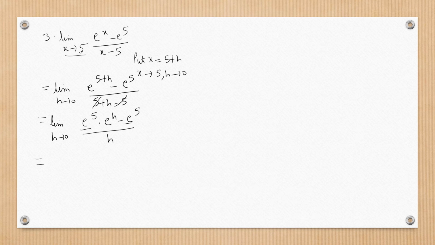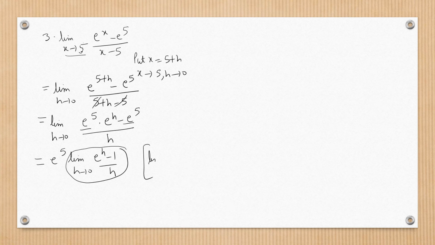Again I can take e raised to power 5 common outside, limit h approaches 0, e^h minus 1 upon h, which by the same result, limit x approaches 0, e^x minus 1 upon x as 1, can be reduced to e raised to power 5 into 1, and the answer is e raised to power 5.